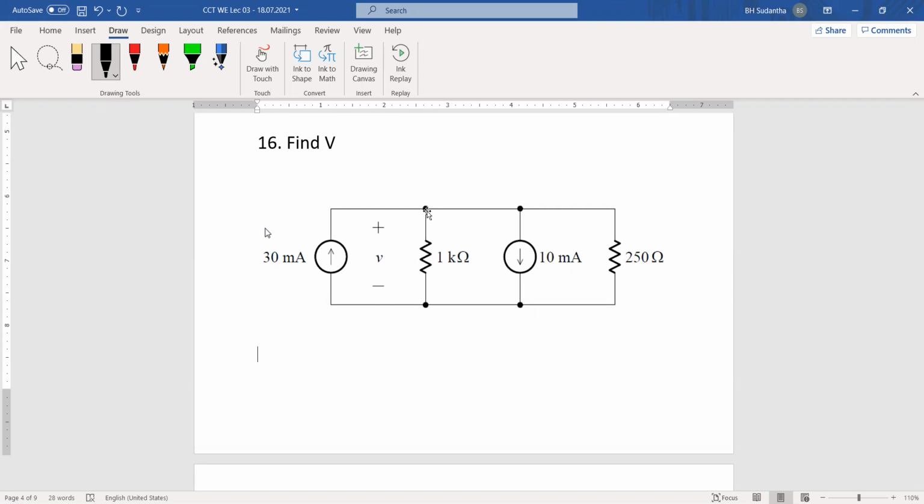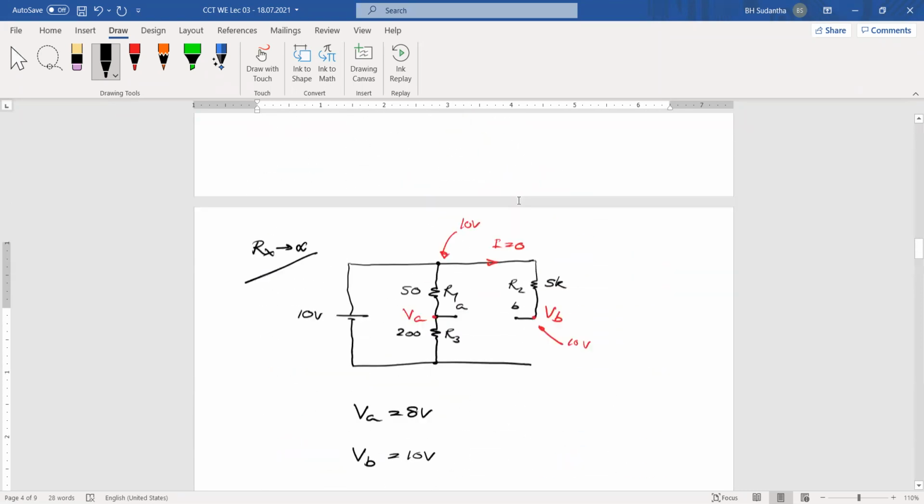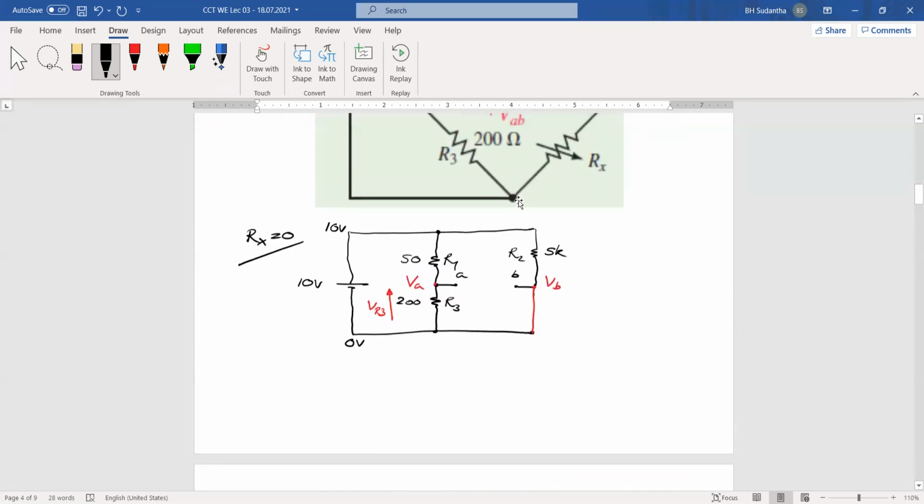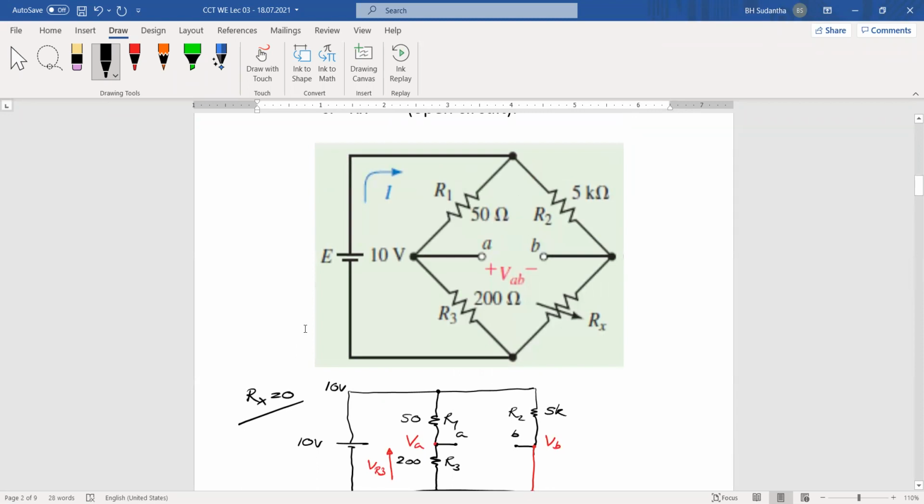When you have a voltage source like this, it provides 10 volts, the battery. Then what do we know about this battery? It can supply 10 volts to the circuit.